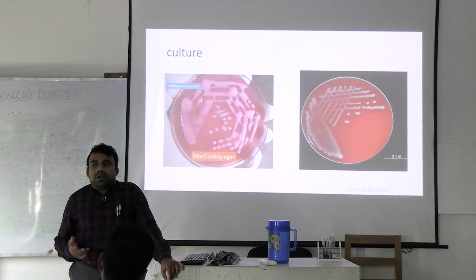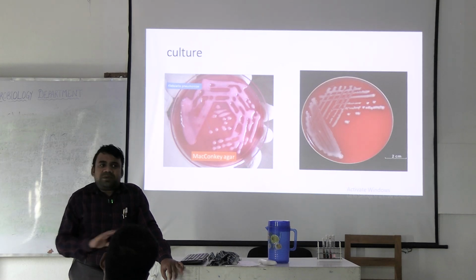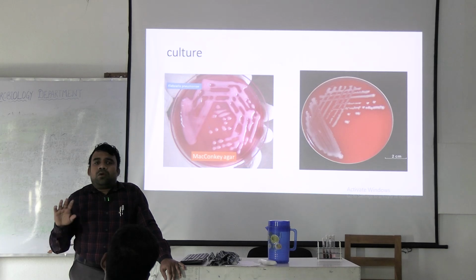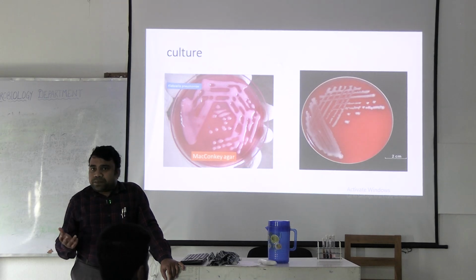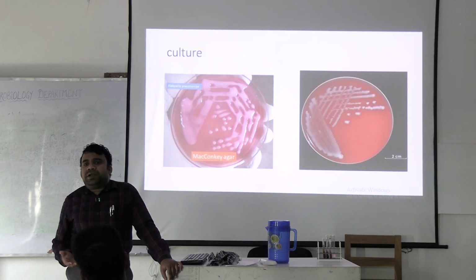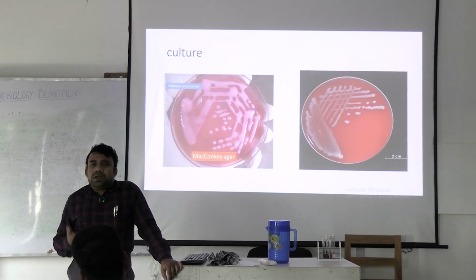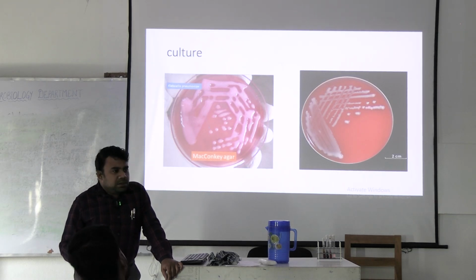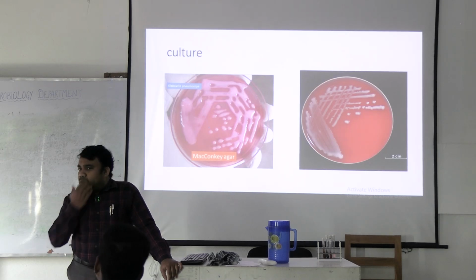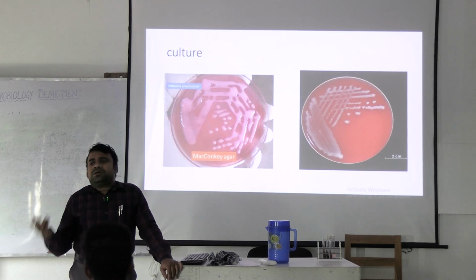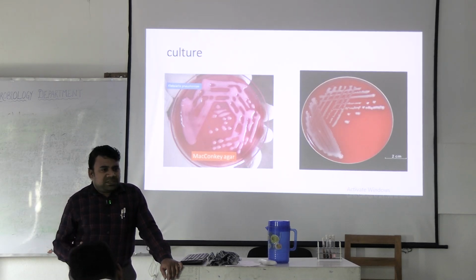Okay. Now, after describing the colonies on MacConkey agar, what will we say? We have a lactose fermenting organism on the culture plate. What would be the next obvious step? You have to perform a gram stain smear, and on gram stain you have to observe whether it's a gram positive or gram negative cocci or bacilli.